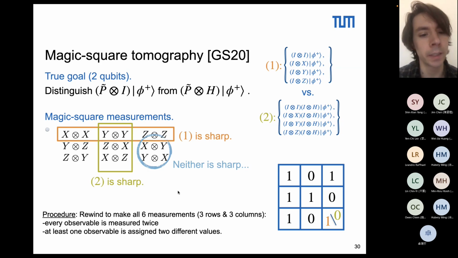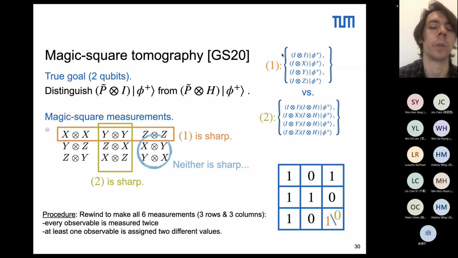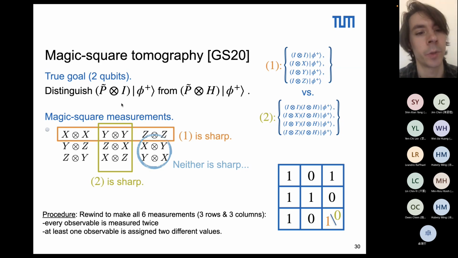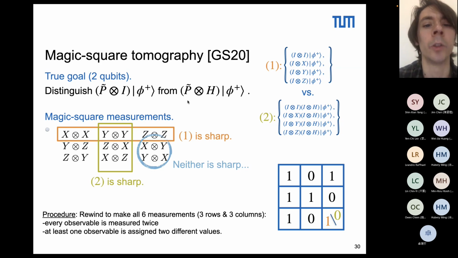And by repeating it with this randomization, every time we obtain 1 random observable that is not sharp, and once we've had enough of them, we can tell for sure which set of states we are measuring. So it allows us to distinguish between this state and this state without knowing what this Pauli matrix is.